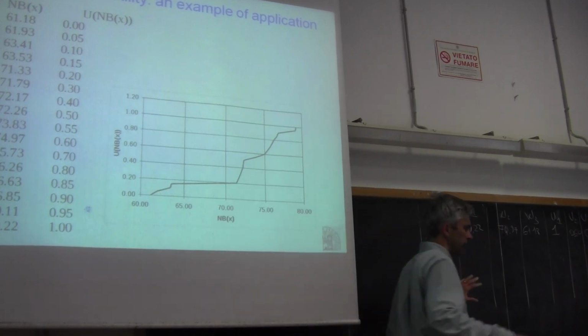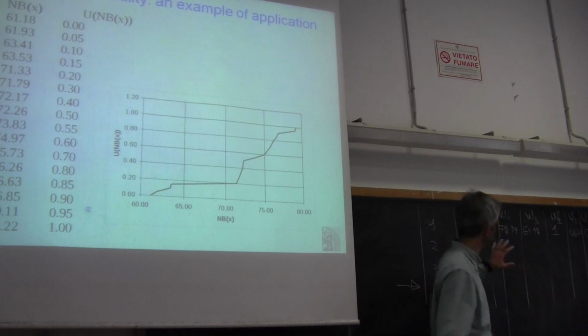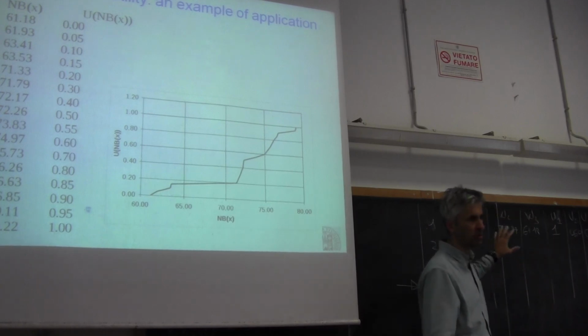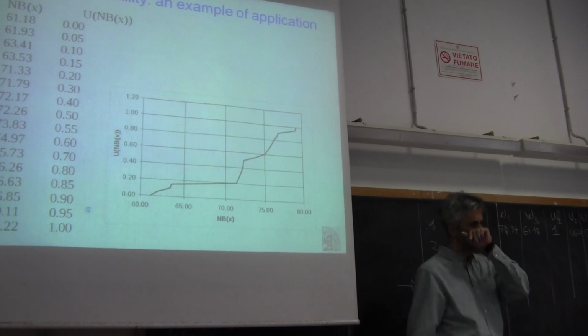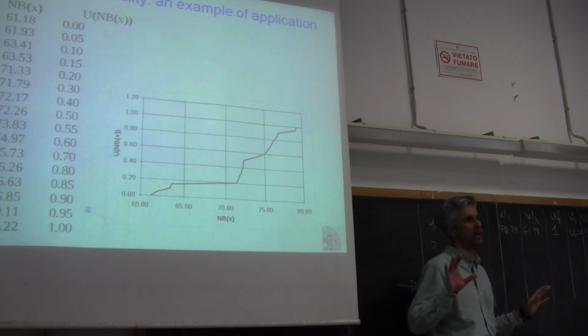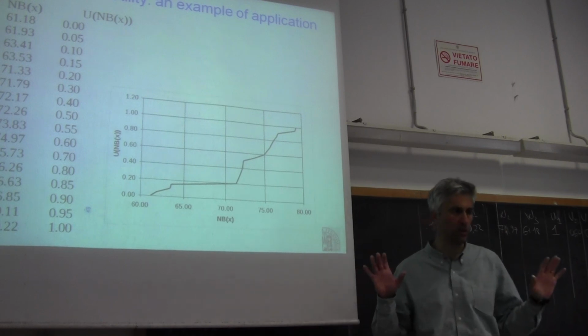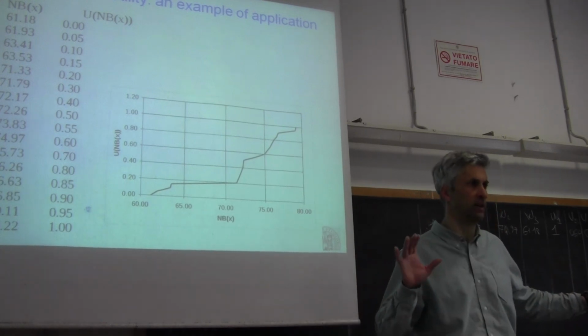I need to include in these slides this completed table, and also I need to make some corrections. So give me some time. At the latest tomorrow, I will update this file on my website.